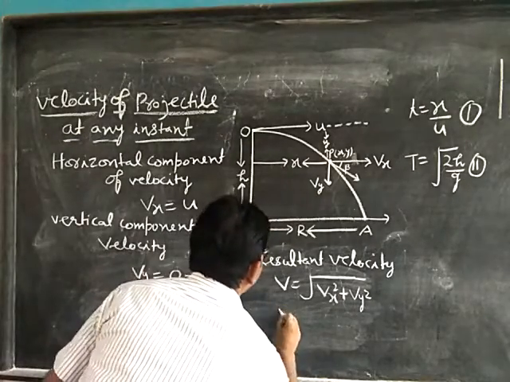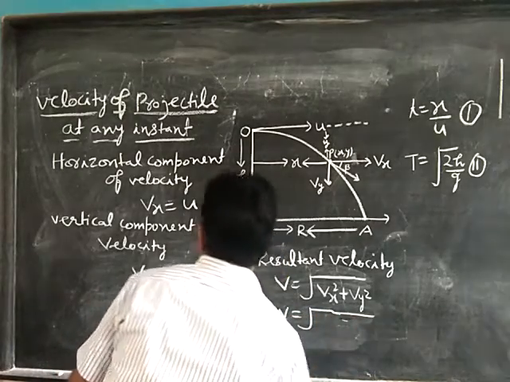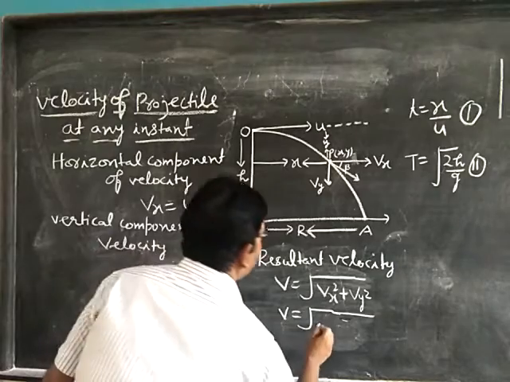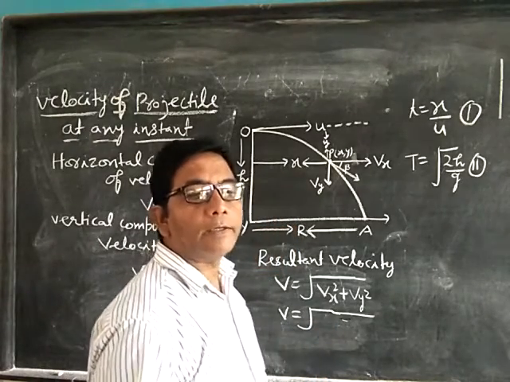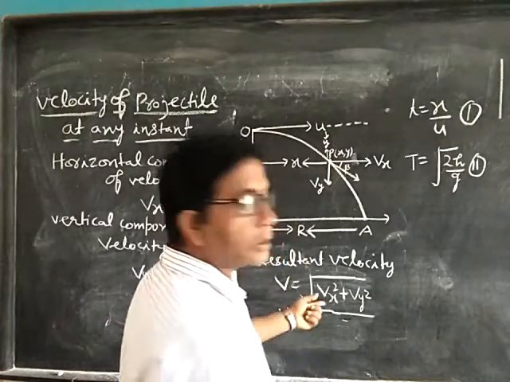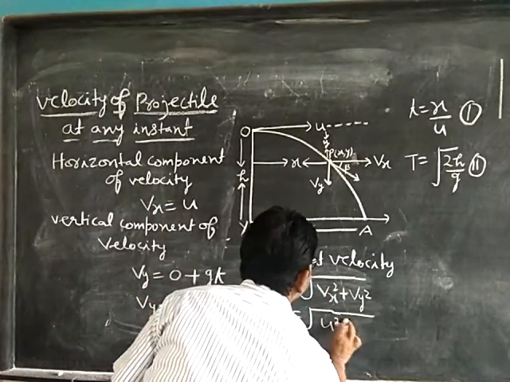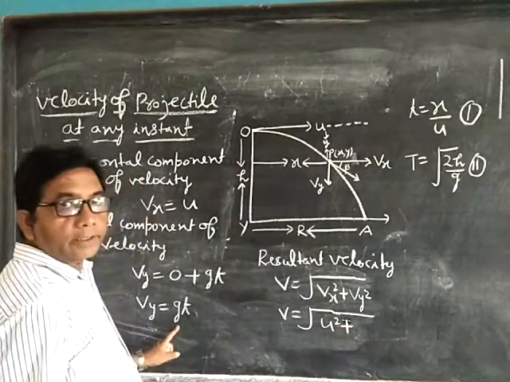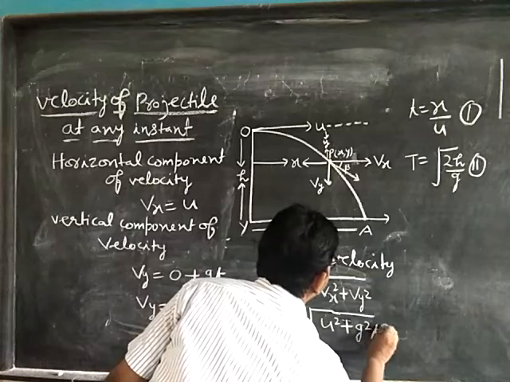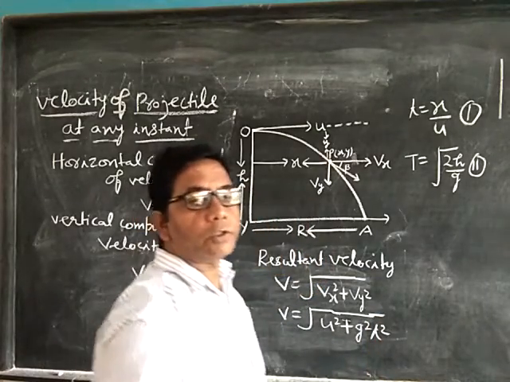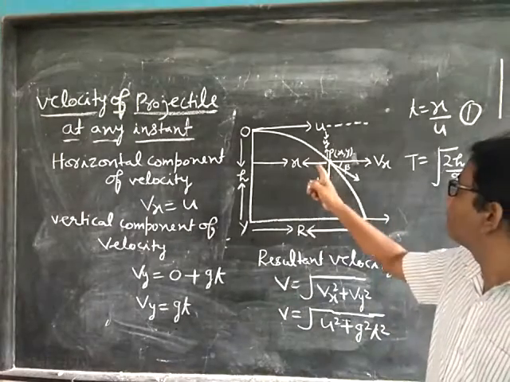That is V squared is equal to Vx squared plus Vy squared, that is u squared plus g squared t squared.